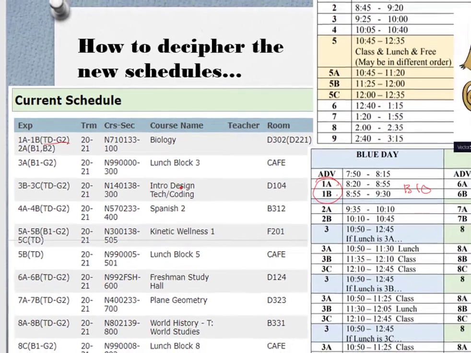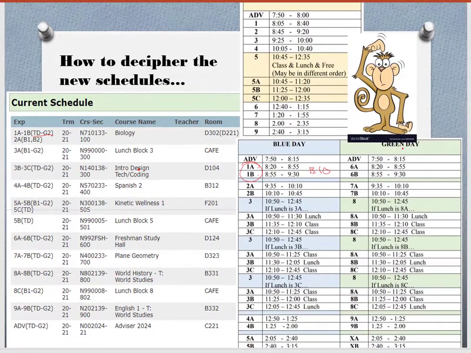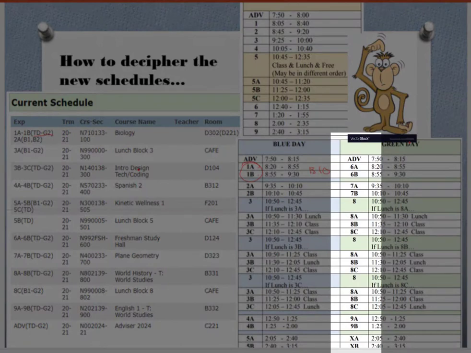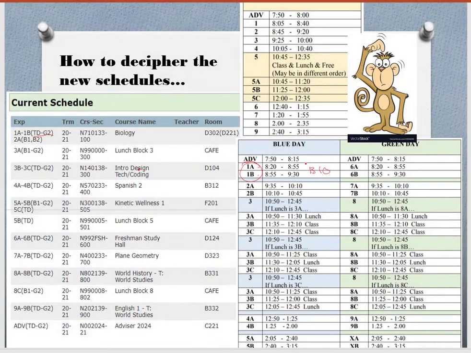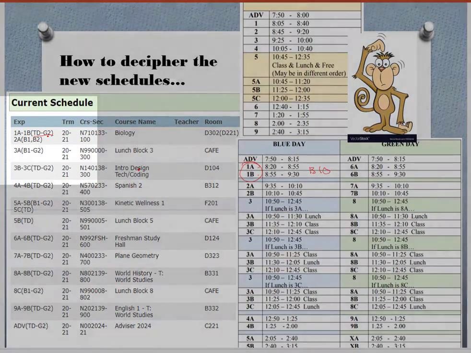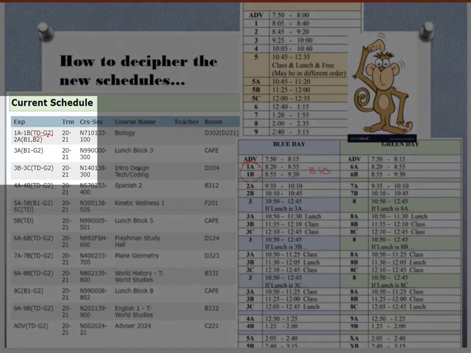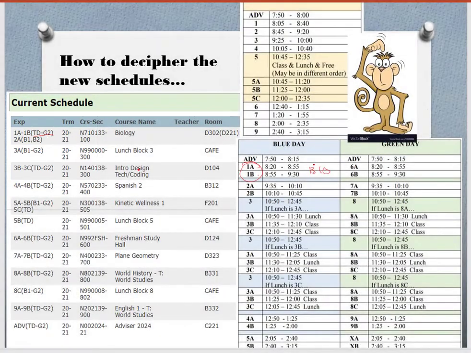There is no period 1 or 2 on the Green Day, so even though it says Trevian Day through Green 2, it actually is just the Blue Days that you'll be going to biology for periods 1A and 1B.